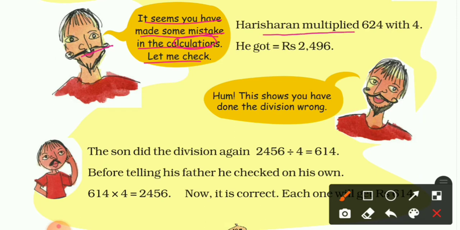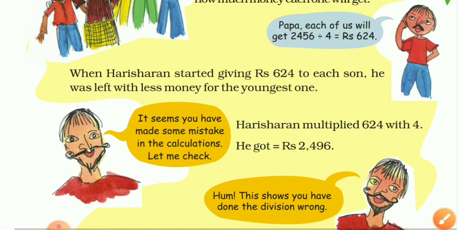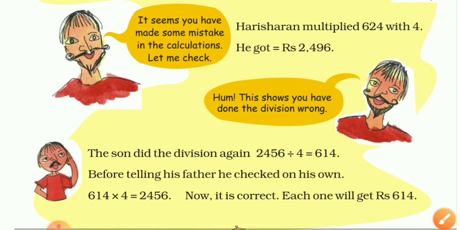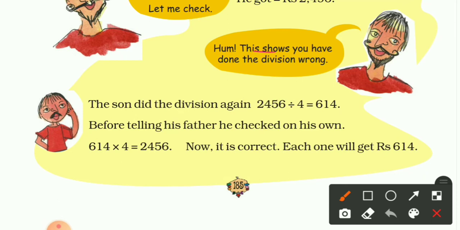Harisharan multiplied 624 with 4 and he got 2496, and the amount was 2456. So you can see here is a very major difference. So now this shows you have done the division wrong.